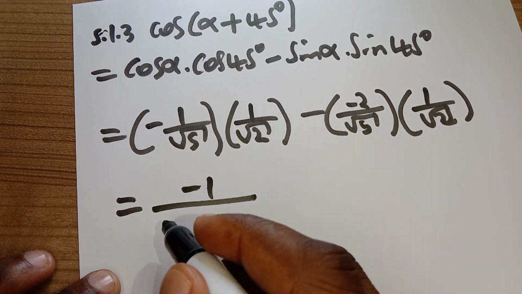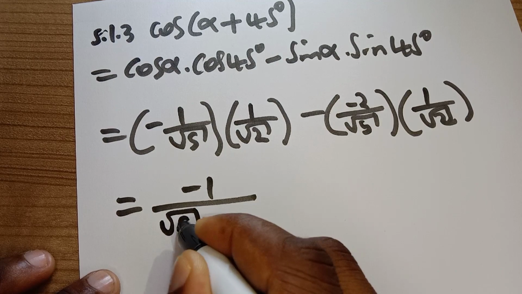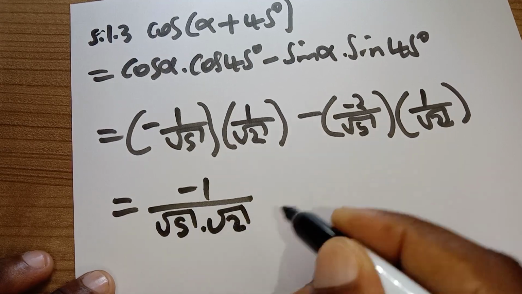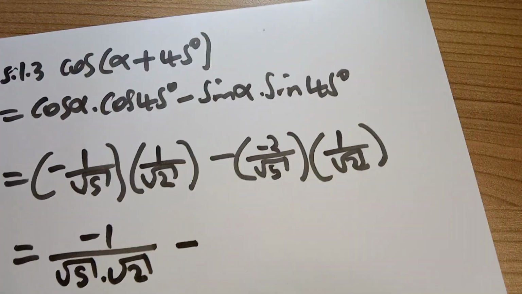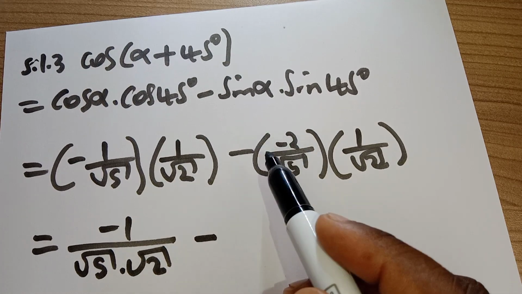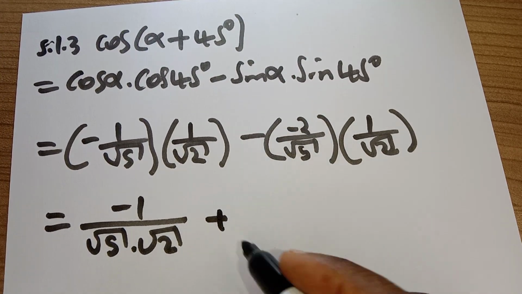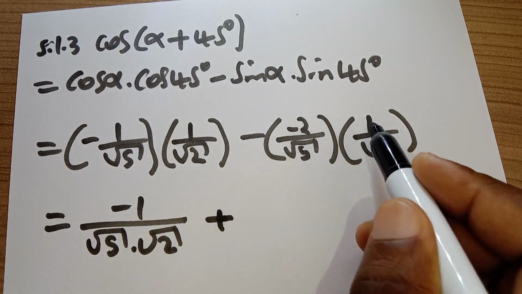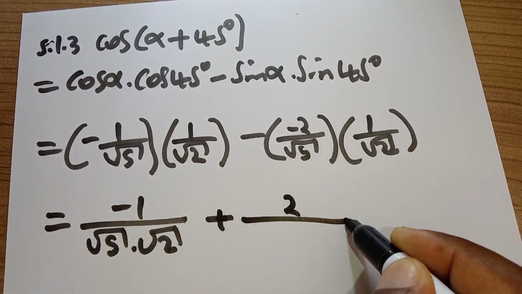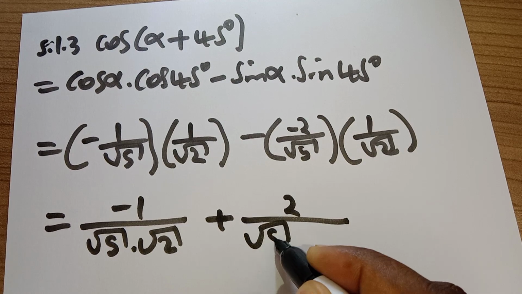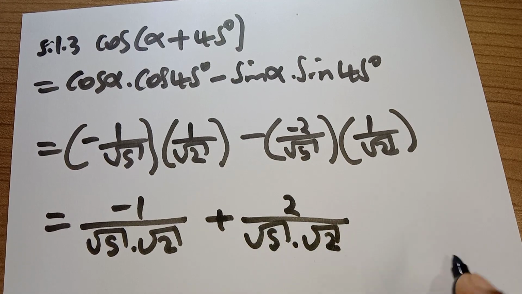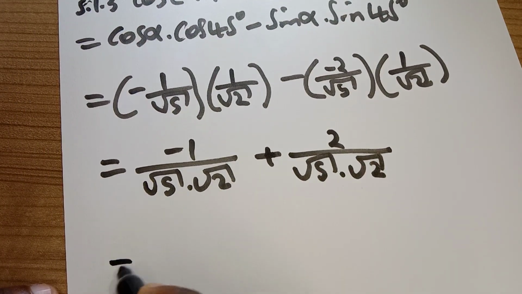Even here, negative multiplied by negative gives us positive. Then 2 multiplied by 1 gives us 2. Then we have it like this.